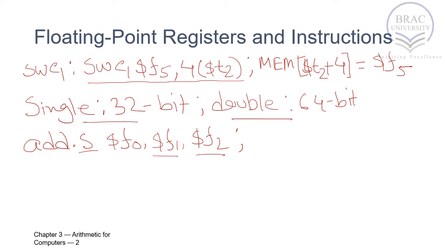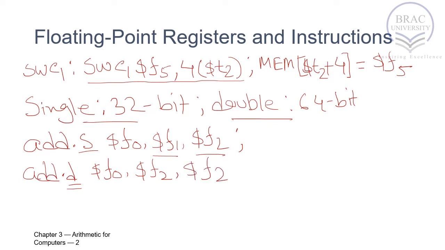But if we write something like this, add dot d, this d indicates that this is going to be a double precision value, which means the values that we are going to handle are 64-bit values. So in this case, the instruction would look something like this.